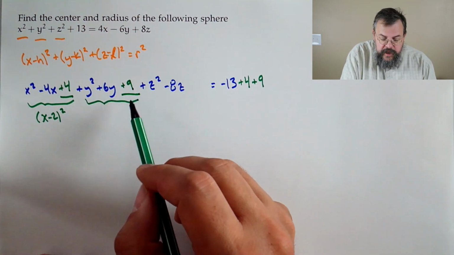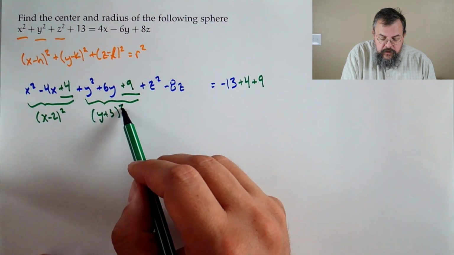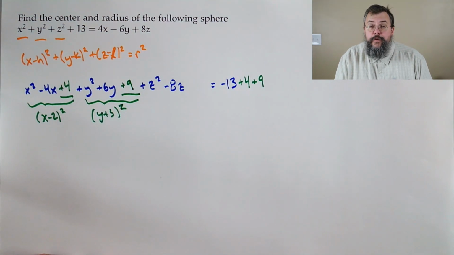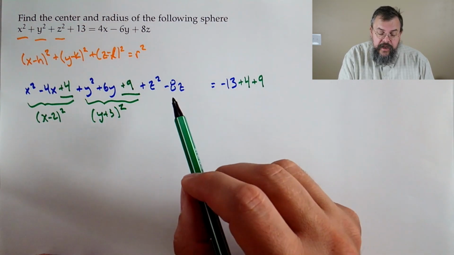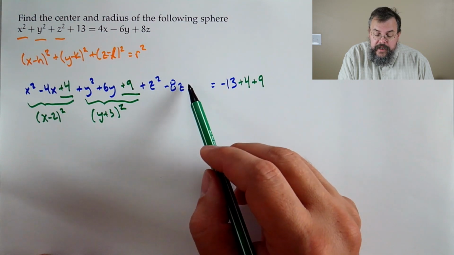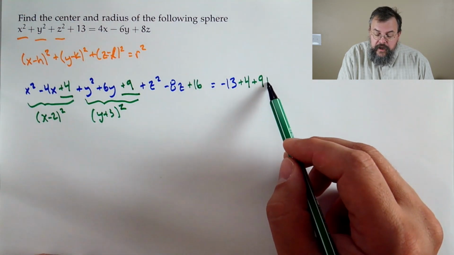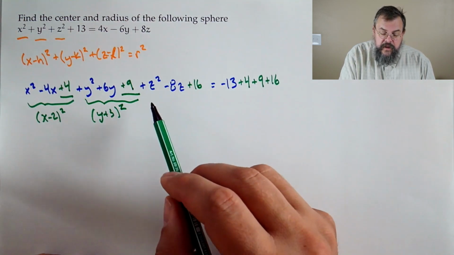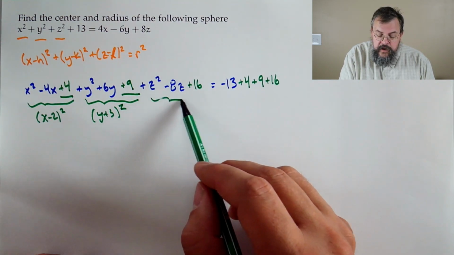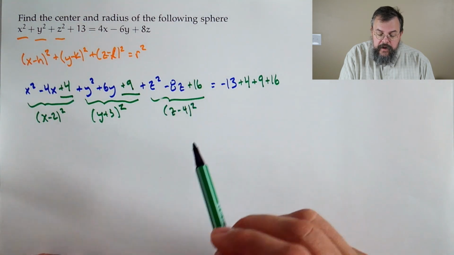So this becomes y plus 3 quantity squared. z squared minus 8z. Okay, take the middle term, divide by 2. Negative 4, square it. Says add 16. So over here, add 16. Now, this term becomes z minus 4 squared.